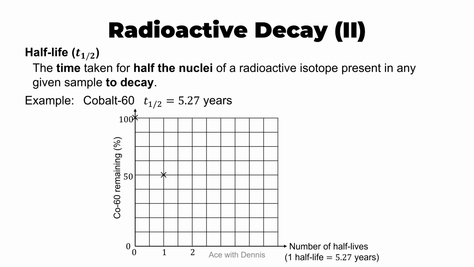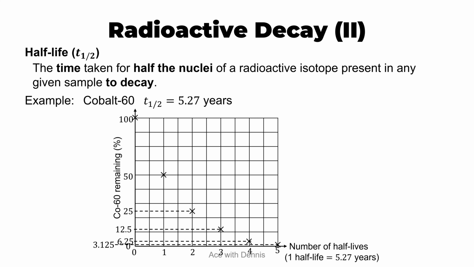Followed by the second half-life, the remaining will be 25%. Go to the third half-life, it will remain 12.5%. The fourth half-life, the remaining will be 6.25%, and the fifth half-life, the remaining will be 3.125%.